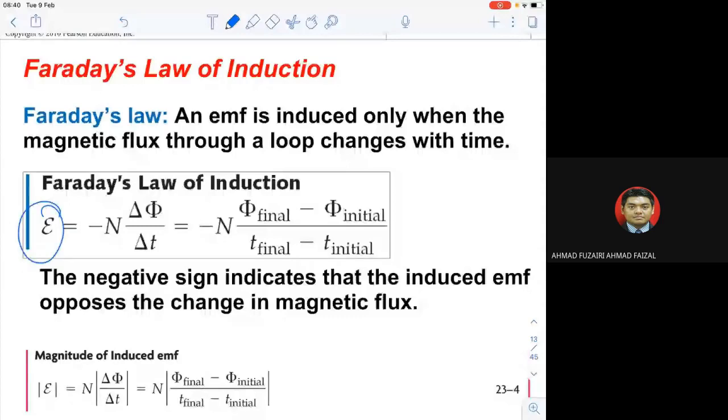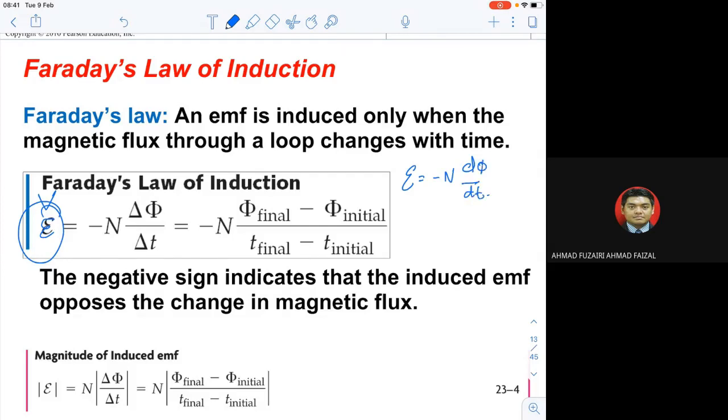Sometimes they use the symbol epsilon, but you can also use V. Either EMF or V, they use the same unit, which is volt. So EMF is equivalent to negative N delta flux over delta time.